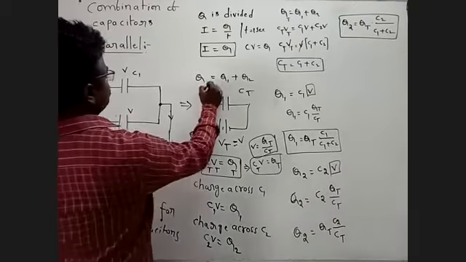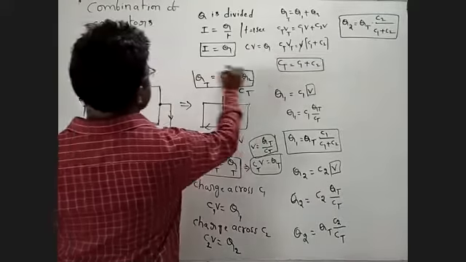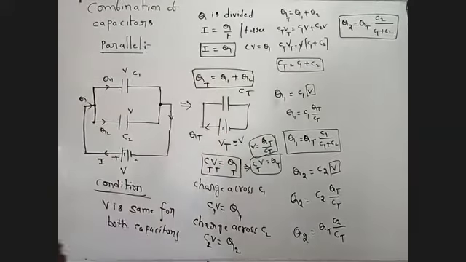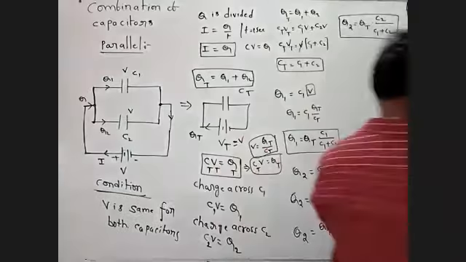Q total is equal to Q1 plus Q2 plus Q3. I'm going to explain when three capacitors are connected in parallel. Next one.